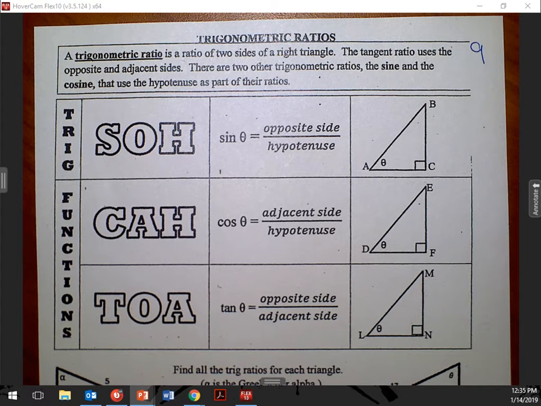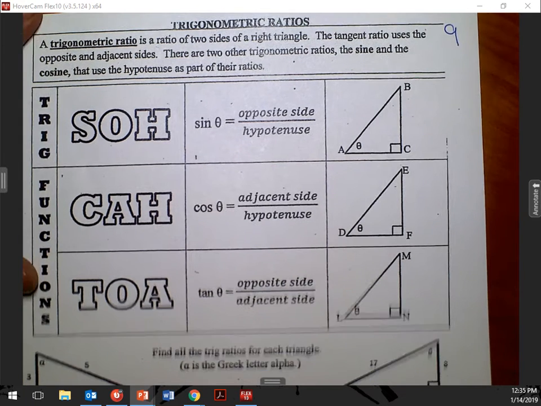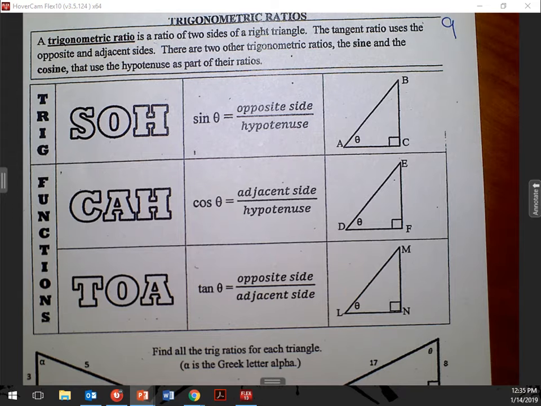Okay, so let's take a look at this. The other day in class, we were going through and identifying the sides of the triangle, right? So we always have to start from the given angle. The given angle is my start.